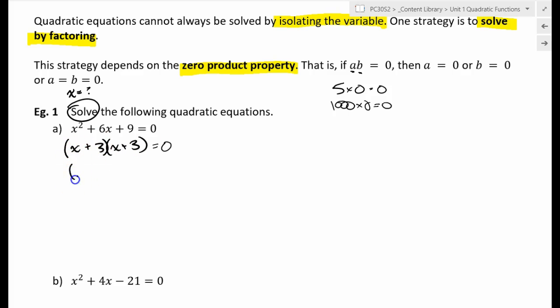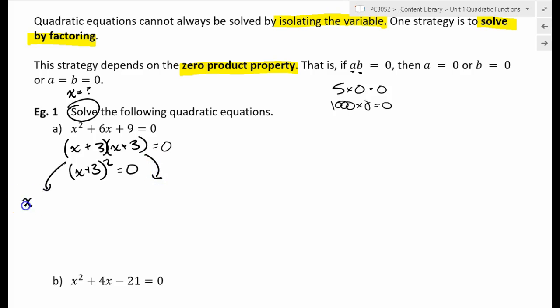We could even rewrite this as x plus 3 squared equals 0. Either one is fine. The idea is we've got two things multiplying together, two binomials multiplying together to equal 0. So one of those two pieces has to be equal to 0.